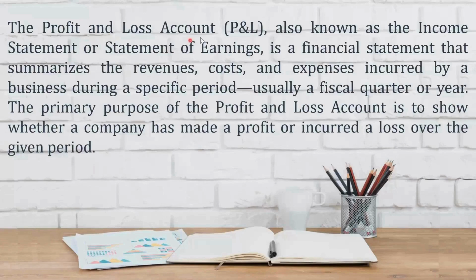The profit and loss account statement, also known as income statement or statement of earnings, is a financial statement that summarizes the revenue, cost, and expenses incurred by a business during a specific period, usually a fiscal quarter or year.